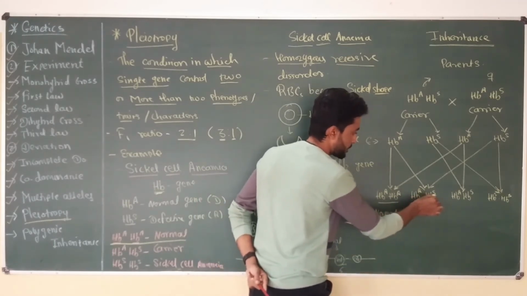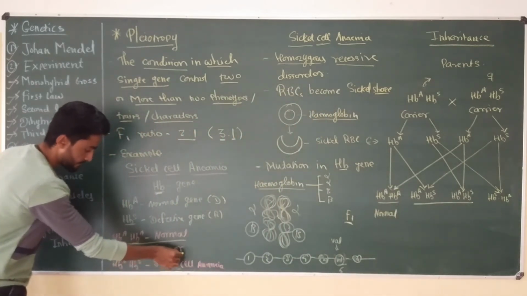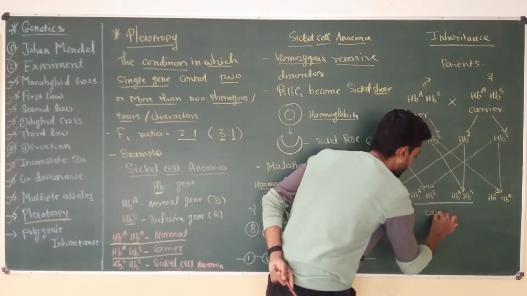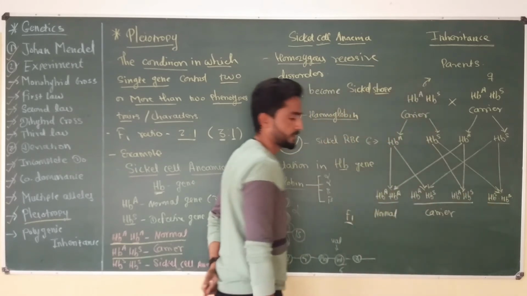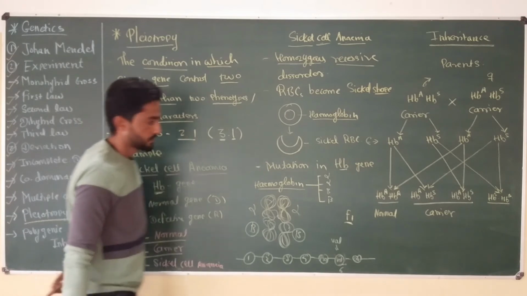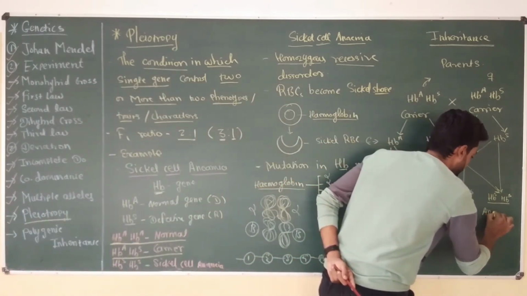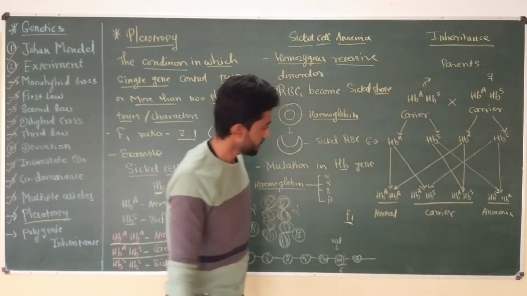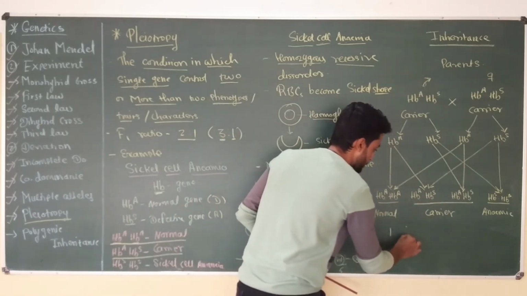Then HBA, HBS, HBA, HBS are going to develop carrier children, while the last, that is HBS, HBS, is going to develop a sickle cell anemic child. Okay, so this is the anemic child.